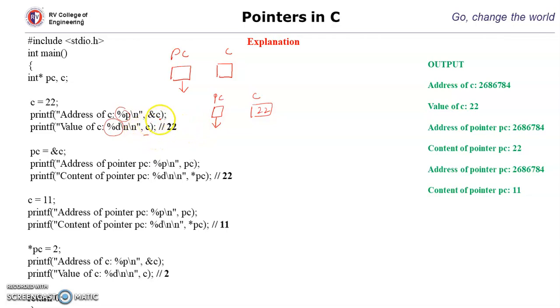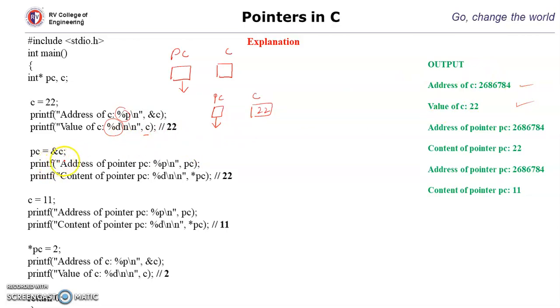So the first printf statement will print the address of c, and the second will print the value of c, which is 22, because in the previous line we assigned 22 to c. So these two printf statements will print the following messages, and then these values.